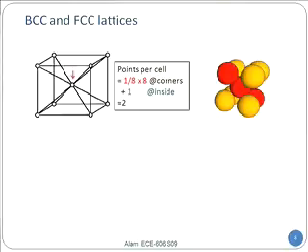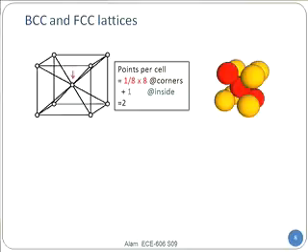You can see 2 because there is 8 multiplied by 1/8 that's coming from the 8 corners that you have, and each corner is being shared by 8 neighbors, so no problem. What about that 1? Well, the 1 is the one that is sitting in the body, and that is not being shared with anybody. So I have 2, and the number of points per cell is 2 for body-centered cubic.